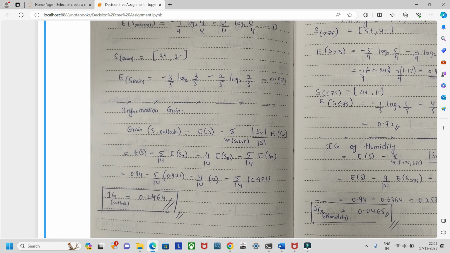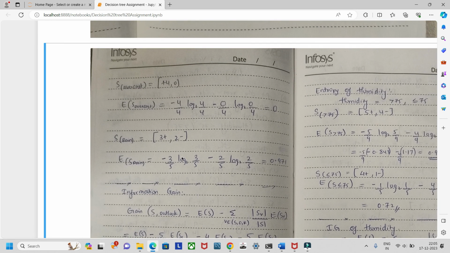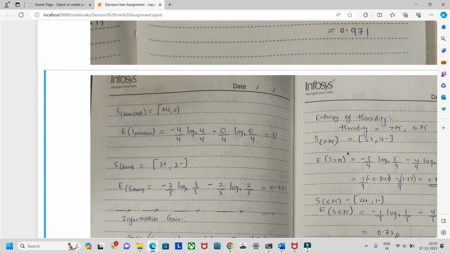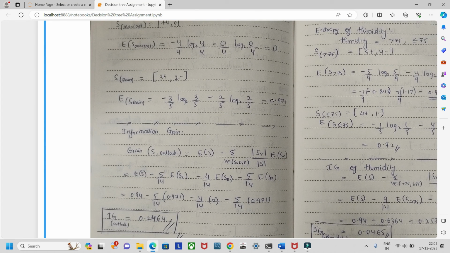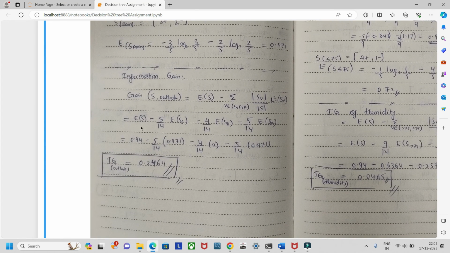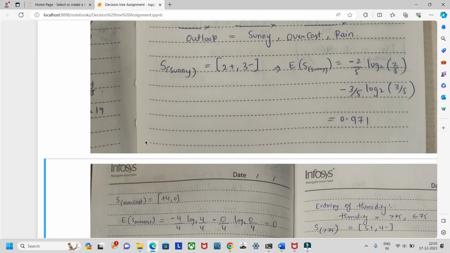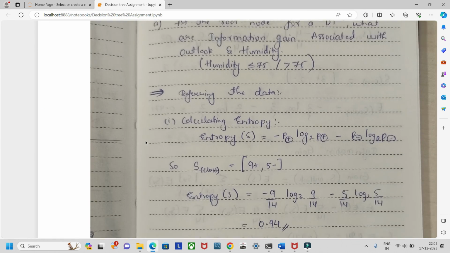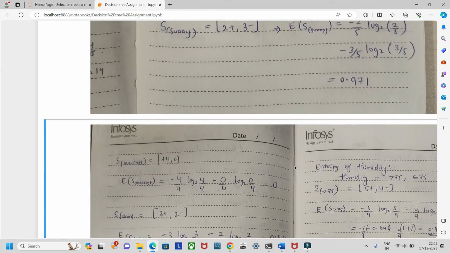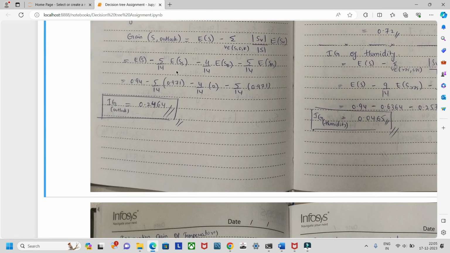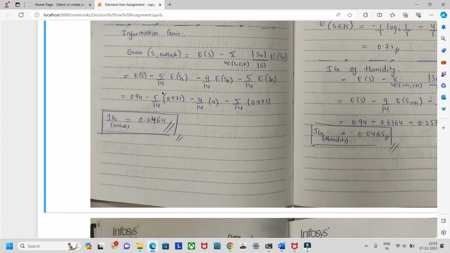You need to multiply by the entropy of each. We have calculated the entropy of sunny as 0.97, overcast is 0, and rain is 0.97 again. So the entropy of the entire set is 0.94, calculated in the beginning. So 0.94 minus 5/14 times entropy of sunny, 4/14 times entropy of overcast, and 5/14 times entropy of rain. It gives us an information gain of 0.2464.